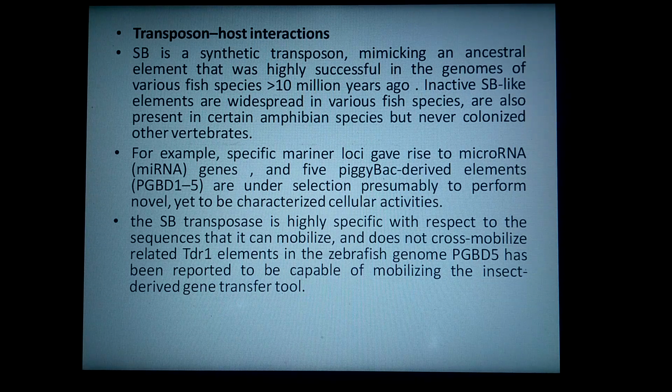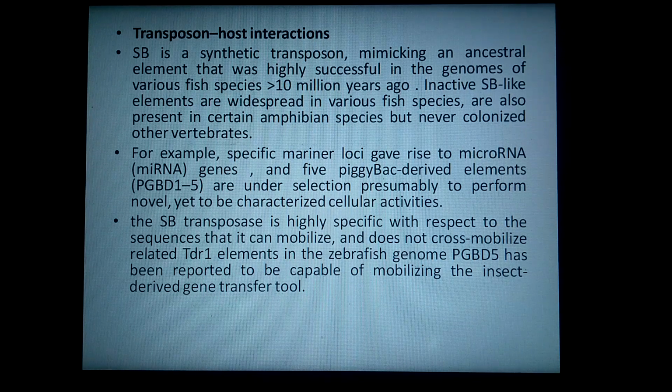For example, specific Mariner loci gave rise to microRNA (miRNA) genes, and 5 piggyBac-derived elements, PGBD1 to 5, are under selection, presumably to perform novel, yet to be characterized, cellular activity.